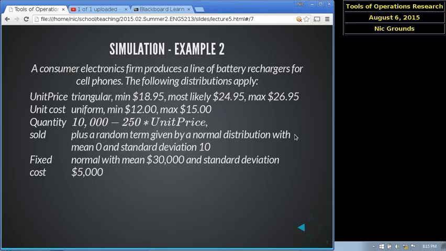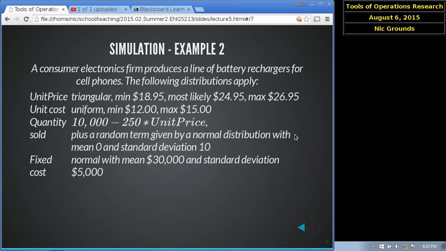So if the price goes high, the quantity we'll sell is much less than 10,000 units. However, if the price is on the lower end, say $18.95, then the quantity we'll sell is not as much less than 10,000. Okay, so 10,000 minus 250 times the unit price. So the higher the price we charge, the fewer of them we'll sell.